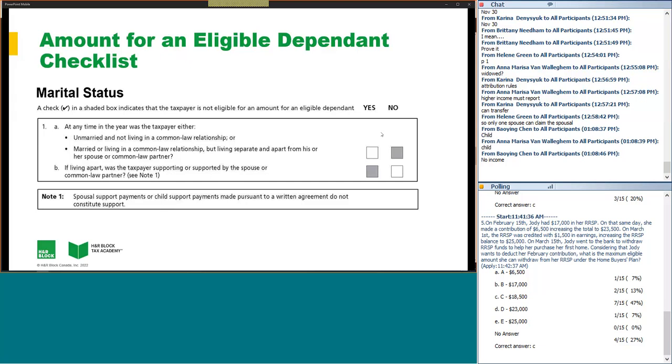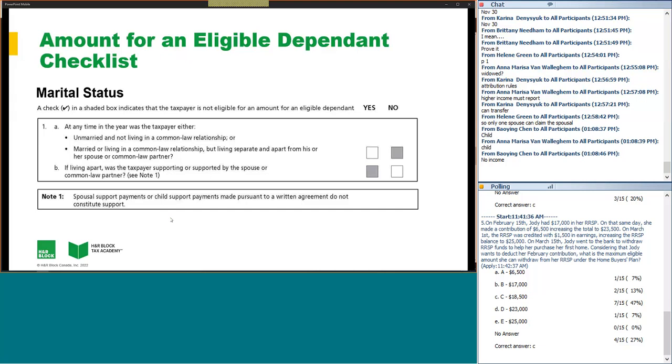Okay? If you were separated from your spouse or common law partner, you cannot be supporting them or supported by them, but spousal support and child support that you are required by law to make because you have a written agreement or a court order do not count.